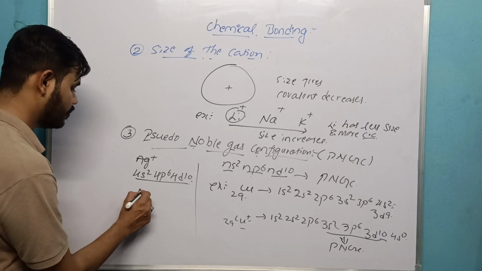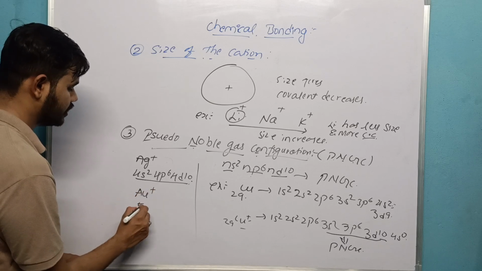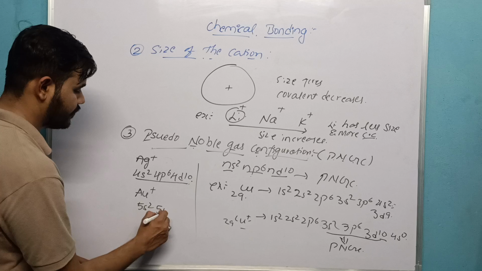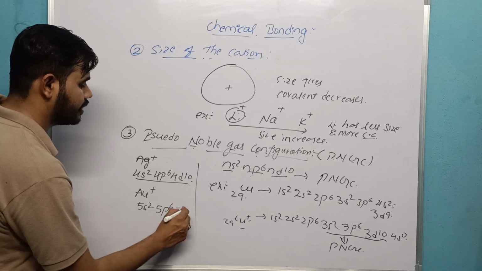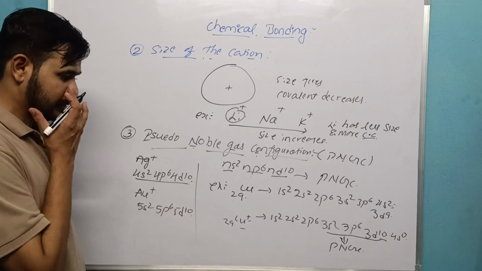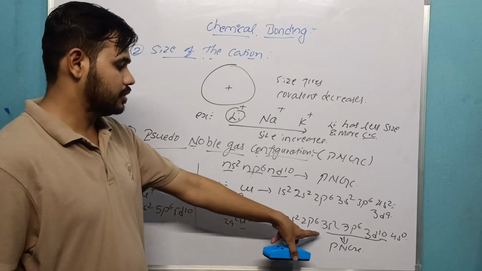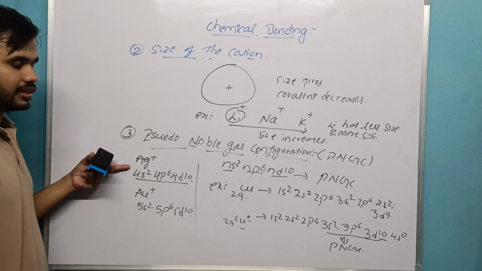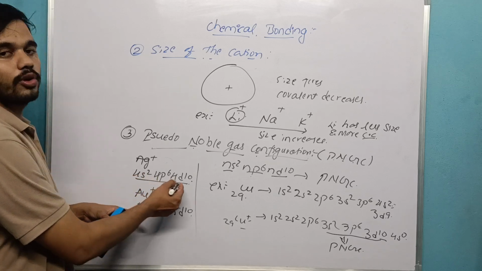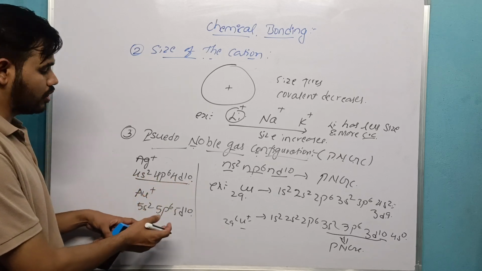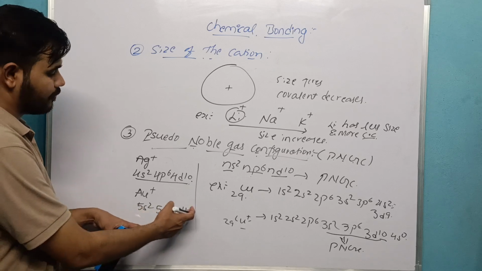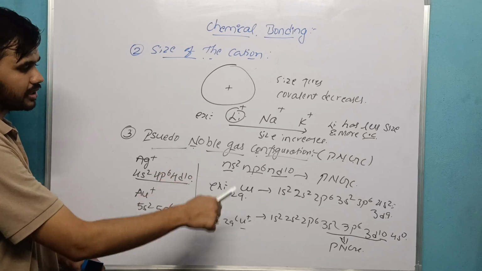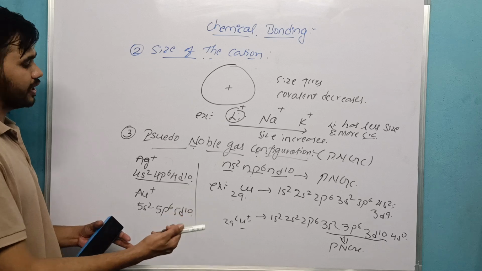While coming to Au, gold, it will have 5s2, 5p6, 5d10. First copper, Cu plus will have 3s2, 3p6, 3d10, silver Ag plus will have 4s2, 4p6, 4d10, and gold will have 5s2, 5p6, 5d10. These are some examples for pseudo noble gas configuration.